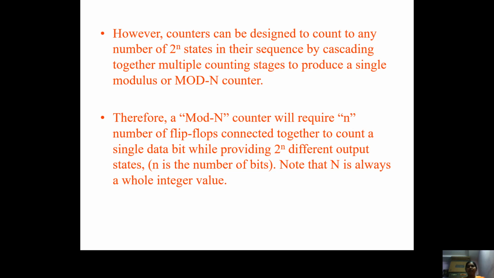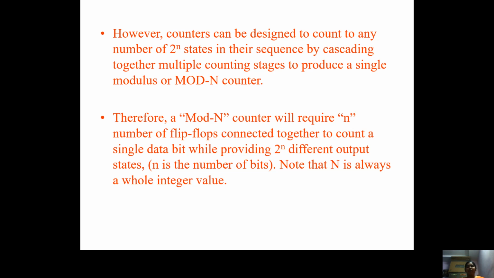As I said earlier, if you want to design a mod 5 counter, the number of flip-flops n should satisfy the equation, so n should be 3, because 0 to 2 power n minus 1 is capable of counting 8.